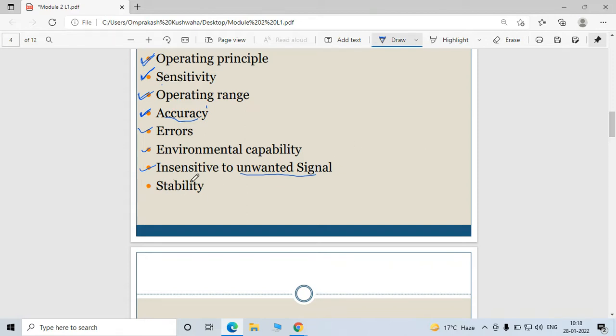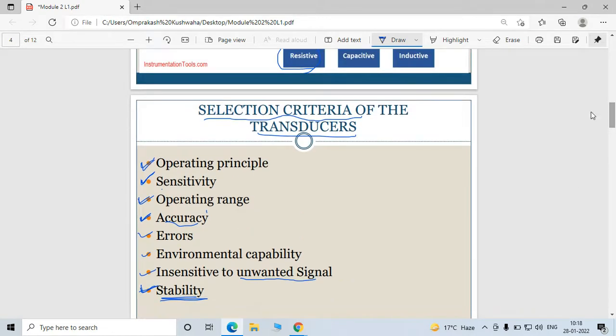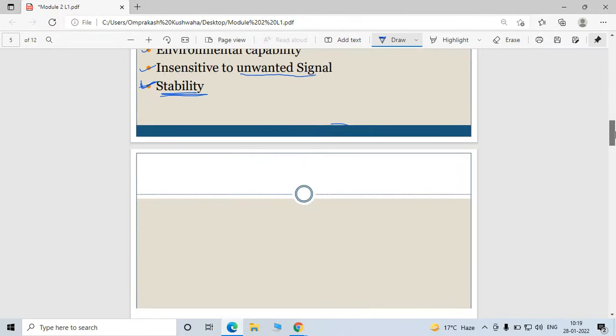And for any system, stability is very important, so your system must be stable. These are the selection criteria of the transducer. You must take care of these points while selecting any transducer.